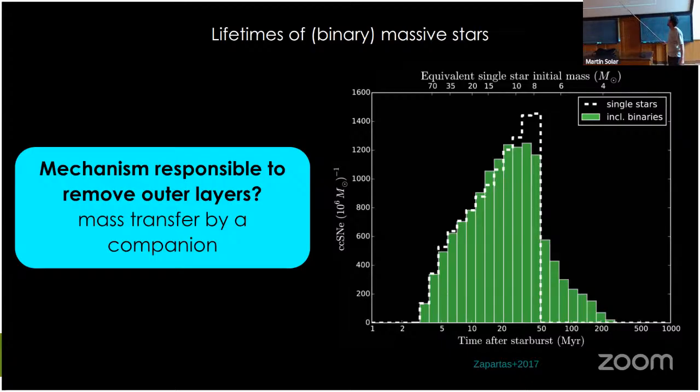Sorry, I forgot to say that this is weighted by the initial mass function. But what if we take into account the binarity, that stars are expected to interact somehow? I will explain all the details of this later. But basically, I want to focus on the fact that if we include binaries for massive stars, there will be an extended tail that will reach 200 million years, and it's a significant change.